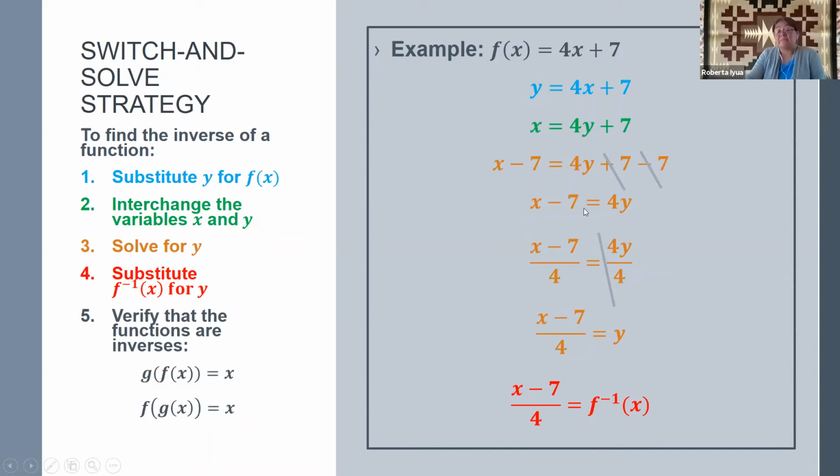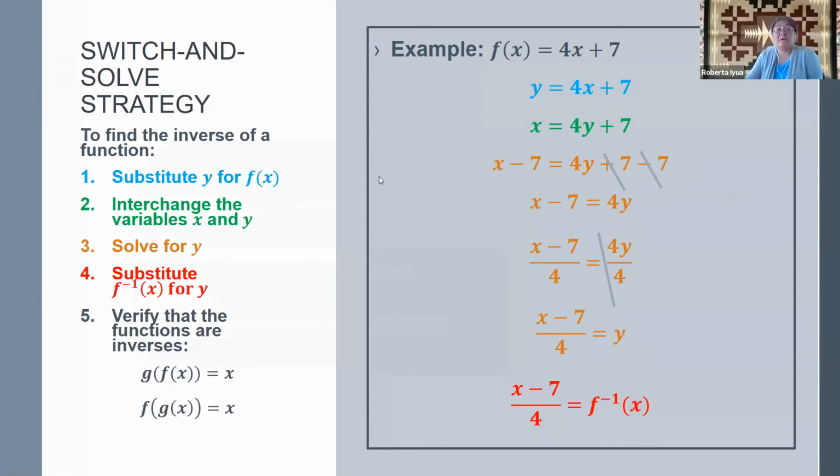Solve for y by subtracting 7 from both sides, and then dividing both sides by 4, and I got y equals x minus 7 over 4. Then I changed my y to f inverse of x. And then to verify, you would need to go through your composites.